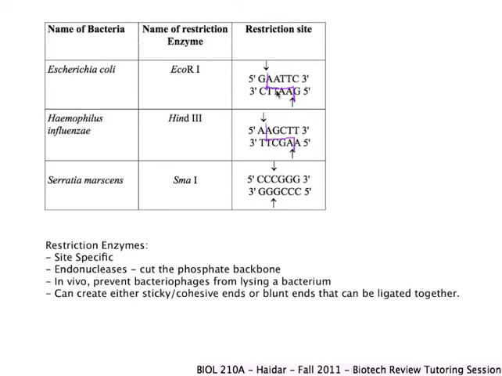So these sticky ends allow for specificity in the rebinding, which we use with ligase, and allows us to insert things into our restricted fragments later on. It also ensures directionality.